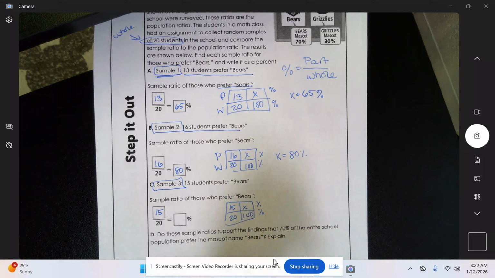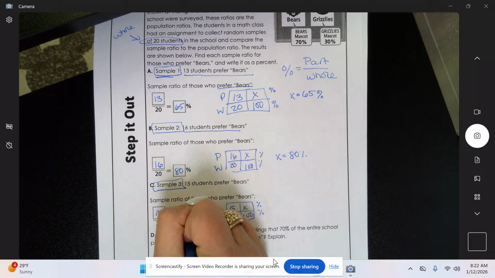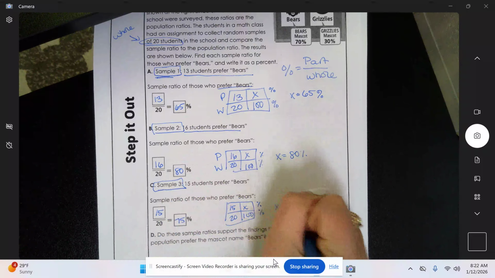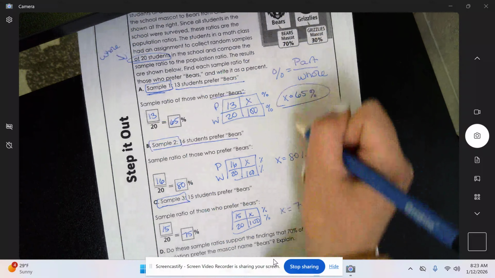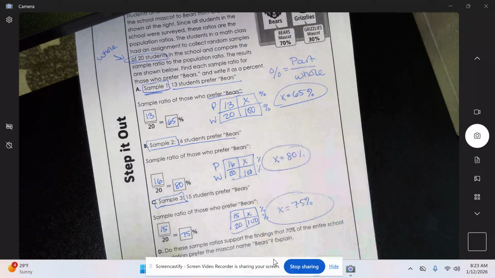What did you get? 75%. So how do these 3 samples compare to our population? The results from our population. We've got 65, 80, and 75.